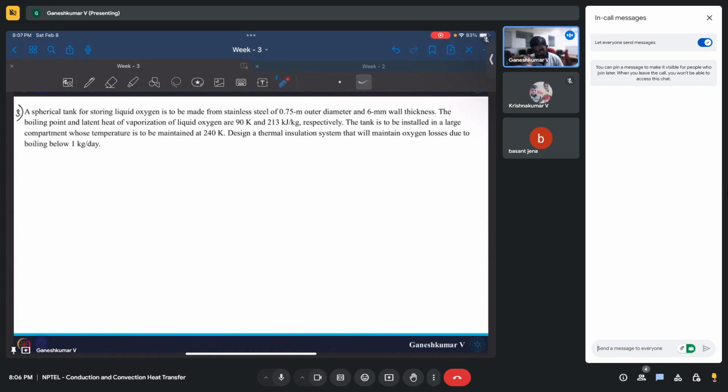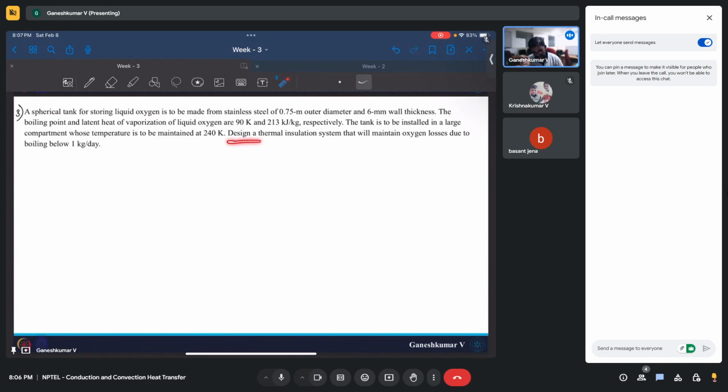The outside temperature is 240 Kelvin, and if heat enters the tank, what happens? The liquid oxygen will start to evaporate, because it is already at 90 Kelvin, the evaporation point. If heat enters, 90 Kelvin becomes 91, and then the liquid oxygen starts evaporating.